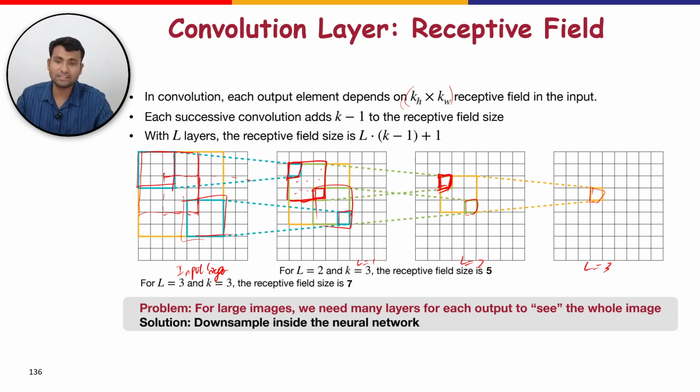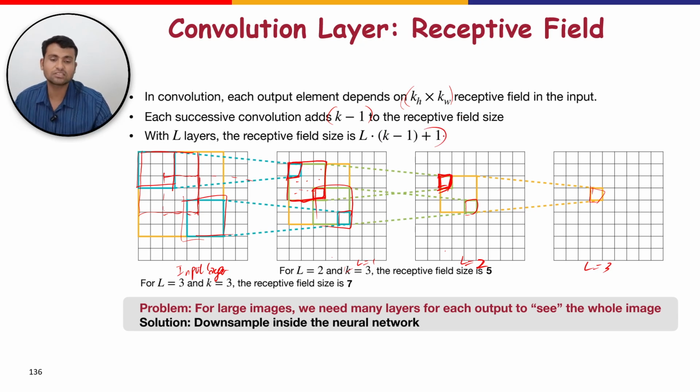So receptive field size is always calculated from the perspective of the input layer. Say L is equal to 2, so layer 1, layer 2, and the kernel width you chose is 3. Put it in this formula: for each convolution we have k minus 1 receptive field size. With L layers, the receptive field size would be L times (k minus 1) plus 1.